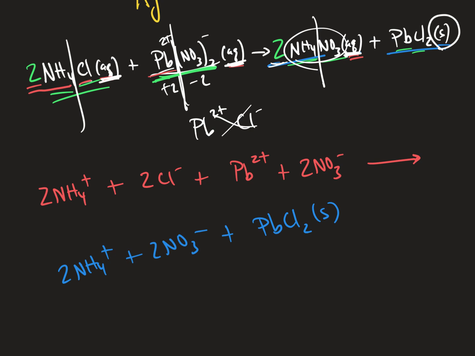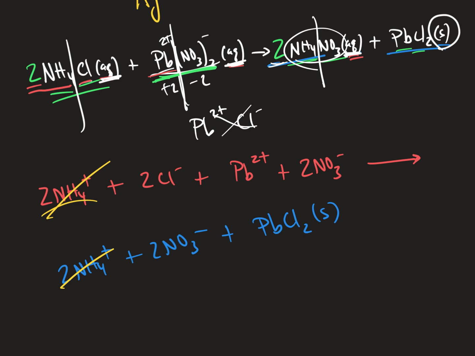Okay, now we got to get rid of the spectator ions. Is 2 NH4 plus a spectator ion? Yes, because they're still there, right? So we get rid of those. Is 2Cl minus a spectator ion? No, that's a part of the product here. And same with lead 2 plus.